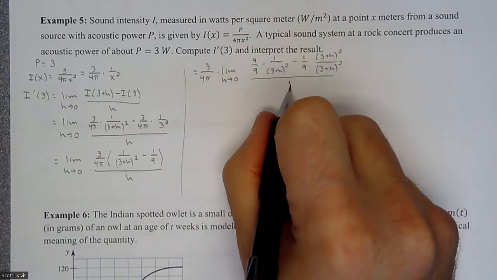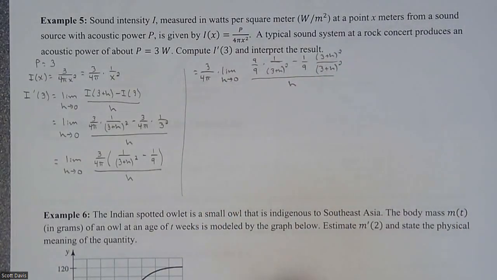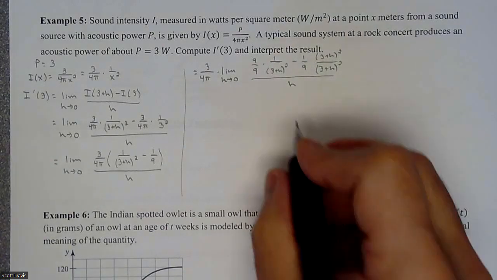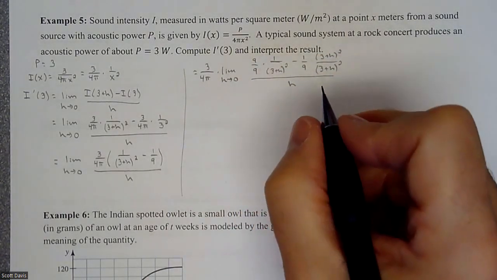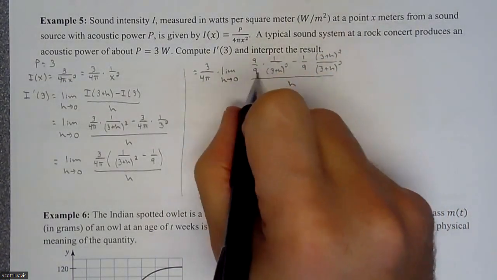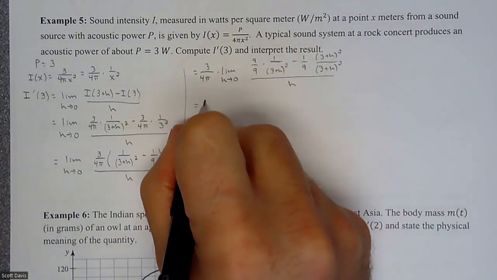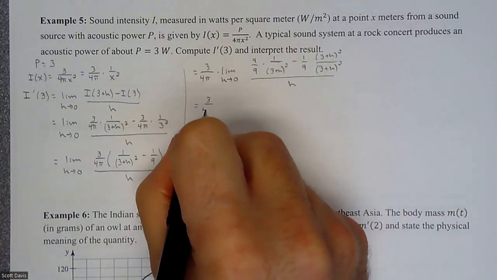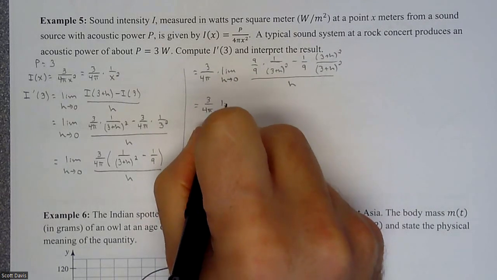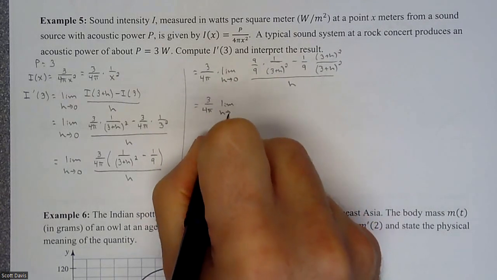All of that over h. Right, so if I put all this together, I'm going to have a 9 on the top, so I'm still going to have this 3 over 4 pi, the limit as h approaches 0.